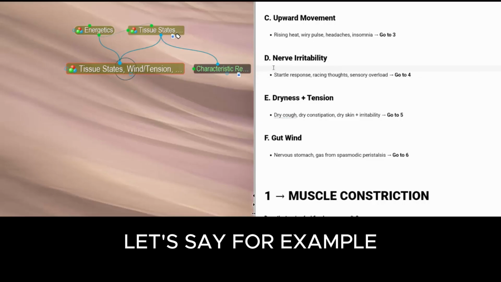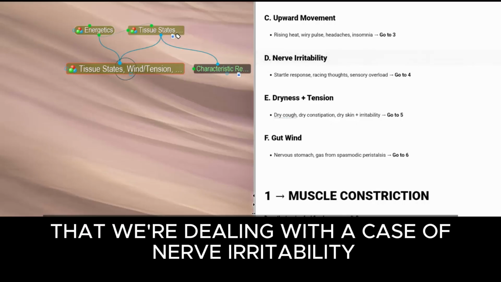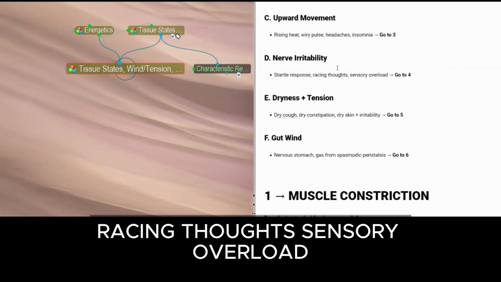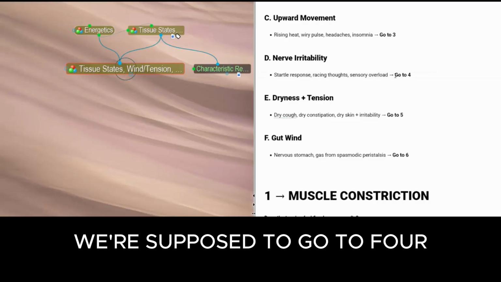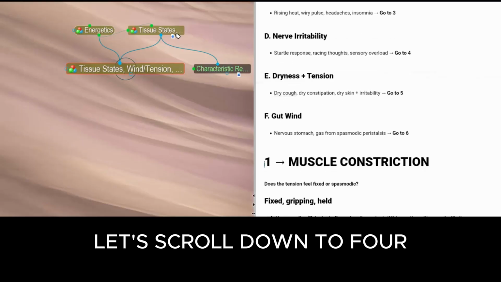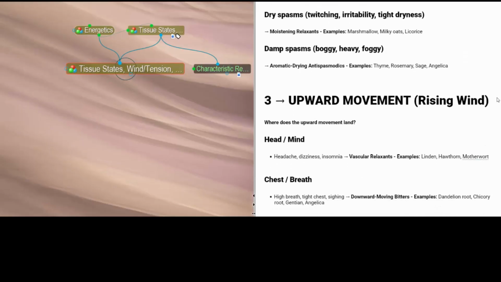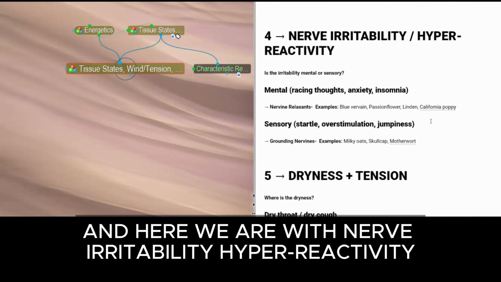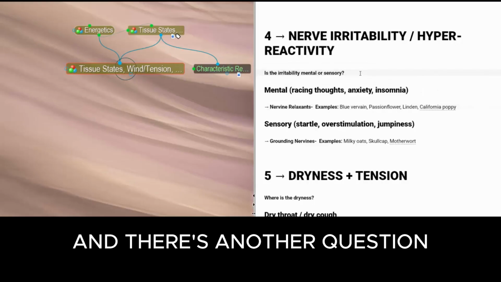Let's say, for example, that we're dealing with a case of nerve irritability. There's a startle response, racing thoughts, sensory overload. We're supposed to go to 4. Let's scroll down to 4. And here we are with nerve irritability, hyperreactivity. And there's another question.